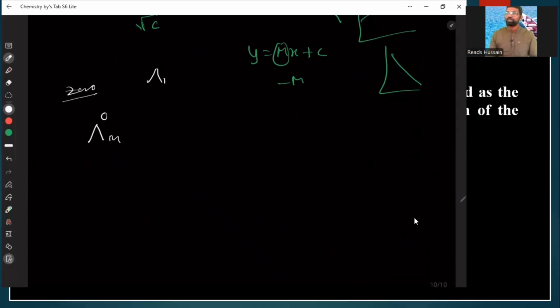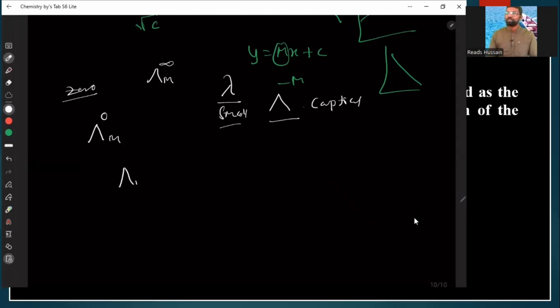Otherwise, you can also write limiting molar conductivity as lambda infinity. You may get one doubt: sir, lambda looks like this, why are you writing lambda like this? This is also lambda, a capital lambda, and this is a small lambda. That's the small difference. Both are lambda only.